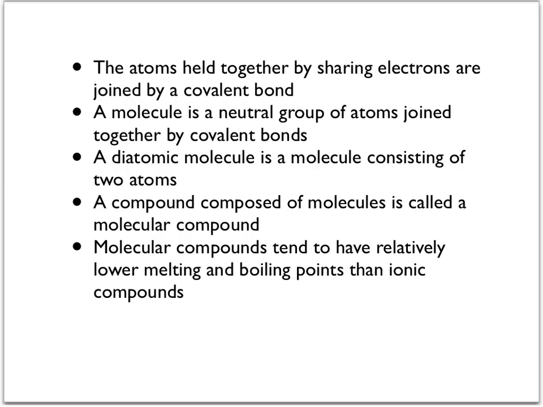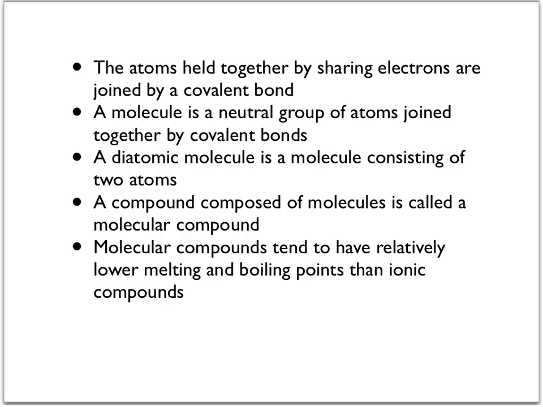Molecular compounds tend to have low melting points, low boiling points. Ionic ones, we talked about how they had very, very high melting points, like salt was 800 degrees. Molecular compounds, very low. Usually, these things are going to be gases or liquids at room temperature. So, water, a molecular compound, is a liquid at room temperature. Oxygen, nitrogen, those are gases at room temperature.